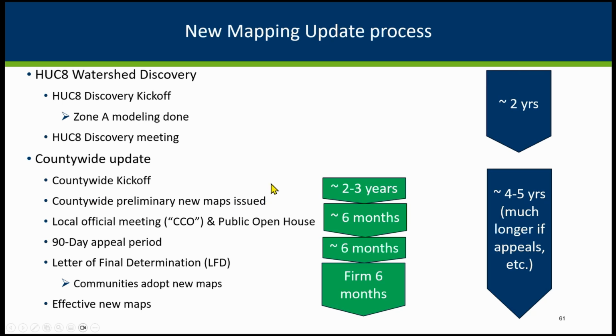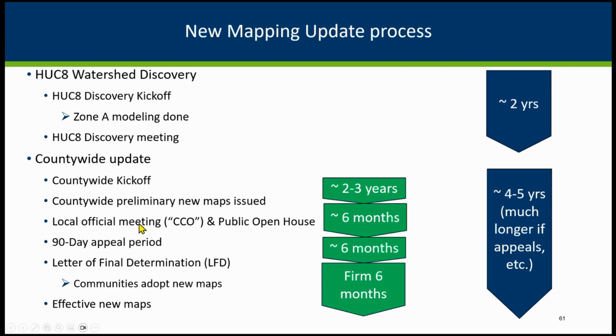It takes a couple years to develop the data, and then they issue preliminary new maps. And within a couple months after they issue the preliminary new maps, we have a local official meeting. They call it the CCO meeting, the consultation something officers meeting. I don't remember what that stands for. And then there's usually a public open house that same evening.